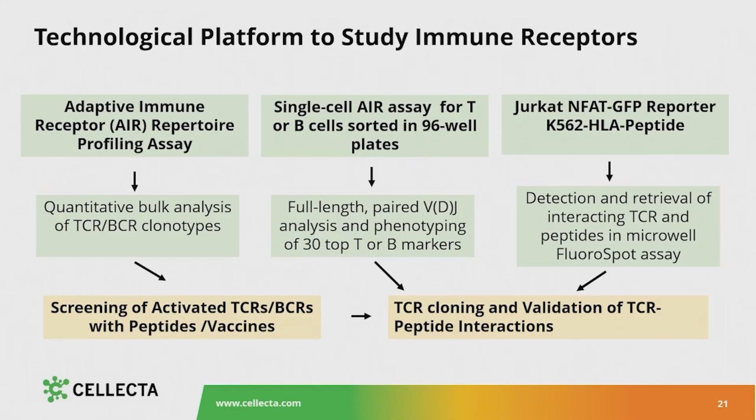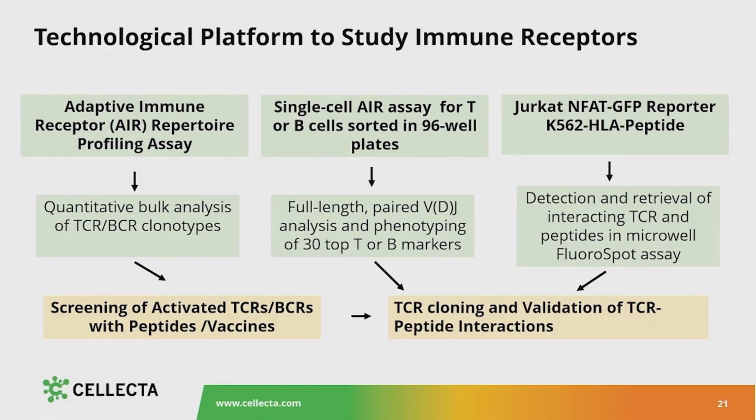It is a user-friendly adaptation of 10x Genomics, but instead of encapsulating the cells in droplets, you just deposit the cells in a 96 well plate using FACS. You sort the cells into the 96 well plate, and in each well you have primers which allow you to amplify immune receptors and markers for the T cells or B cells.